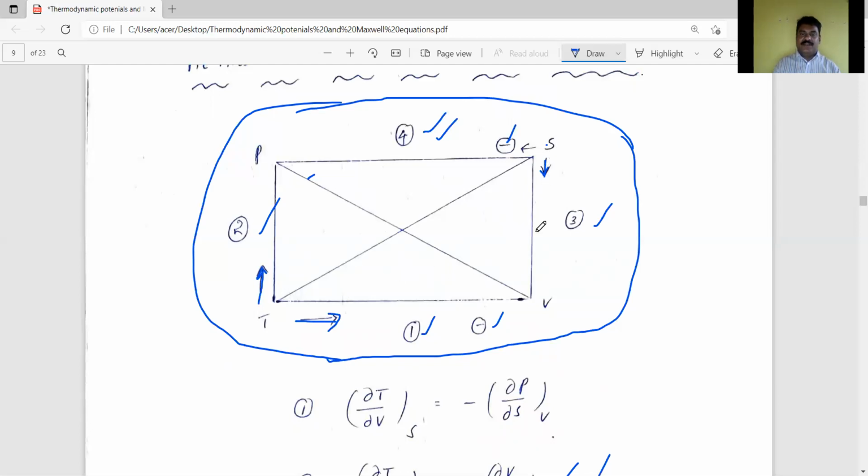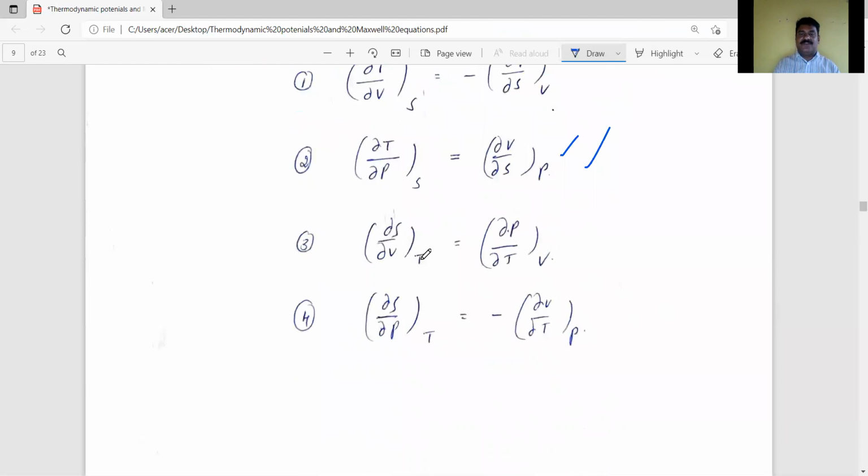T. Dou S by dou V at T equal to, now move on to the exact opposite side. So, dou P by dou T at V. You see, dou S by dou V at T equal to dou P by dou T at V. So, this is the Maxwell's third equation.